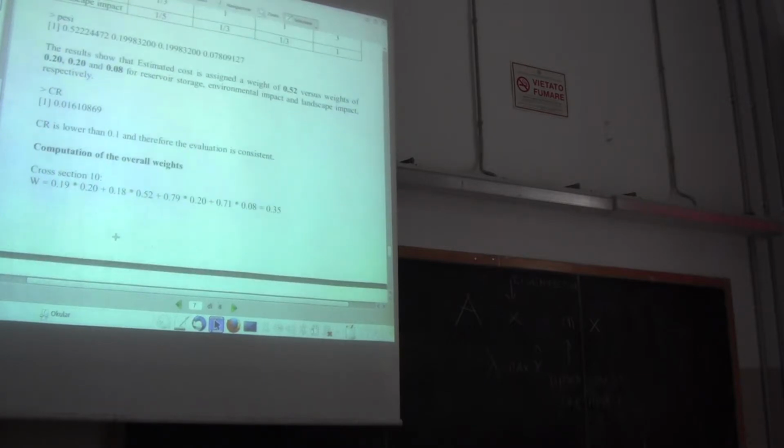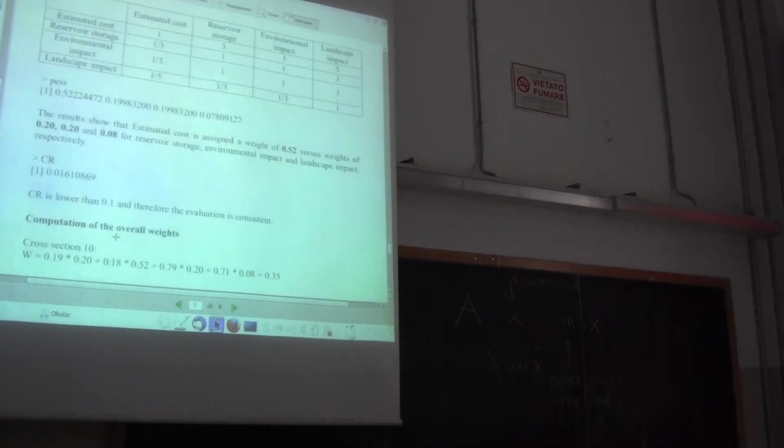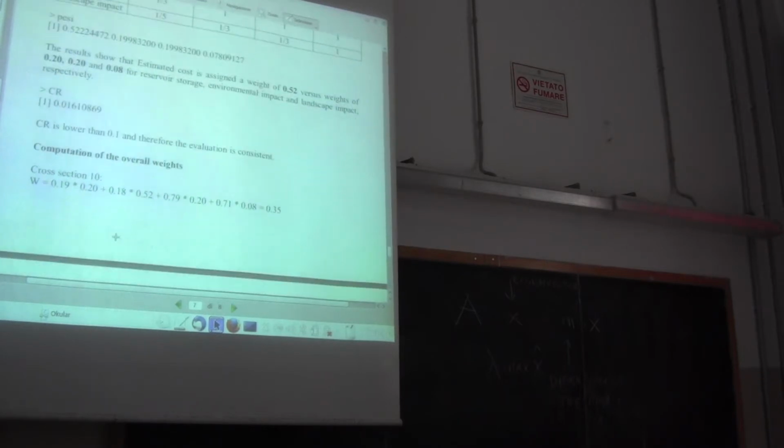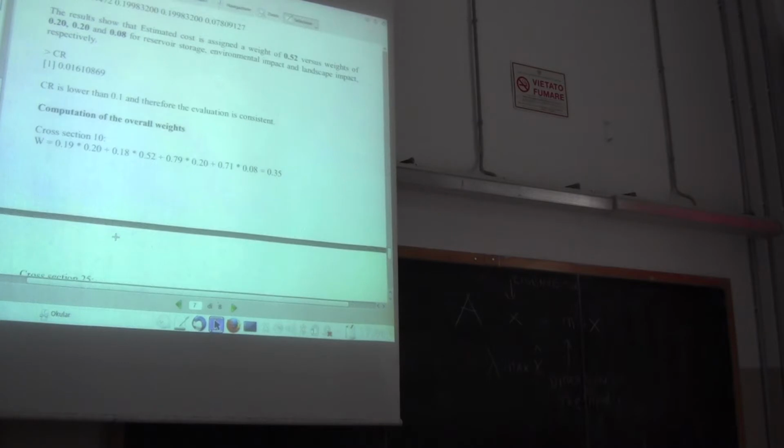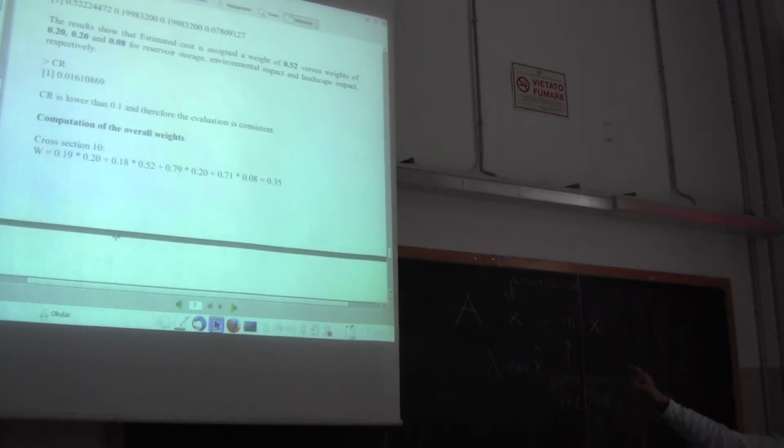Okay, now there is the computation of the ranking of each solution. So basically, let's refer to cross-section 10. For cross-section 10, we got a score of 0.19 for the environmental impact.